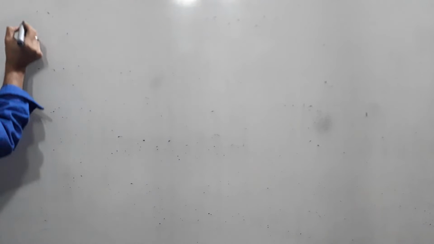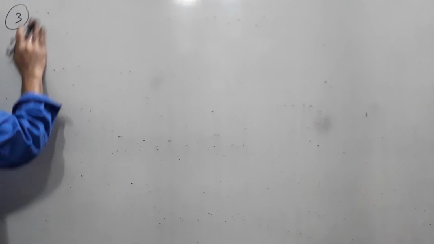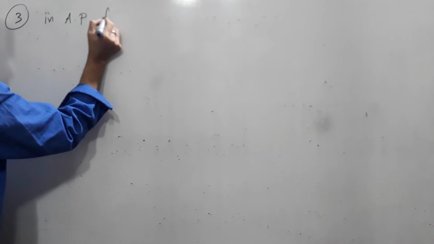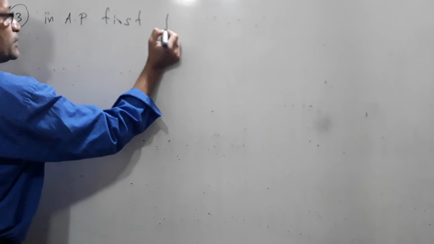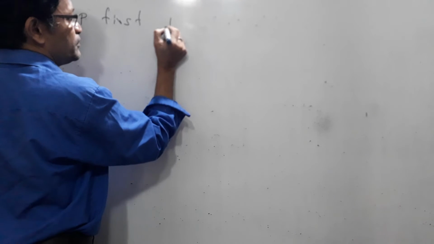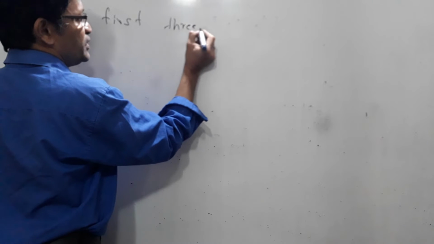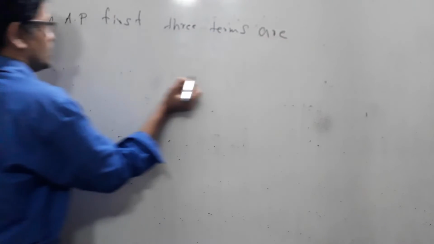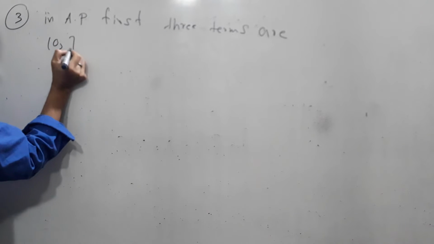Third question. In an AP, the first three terms are 10, 7, 4.